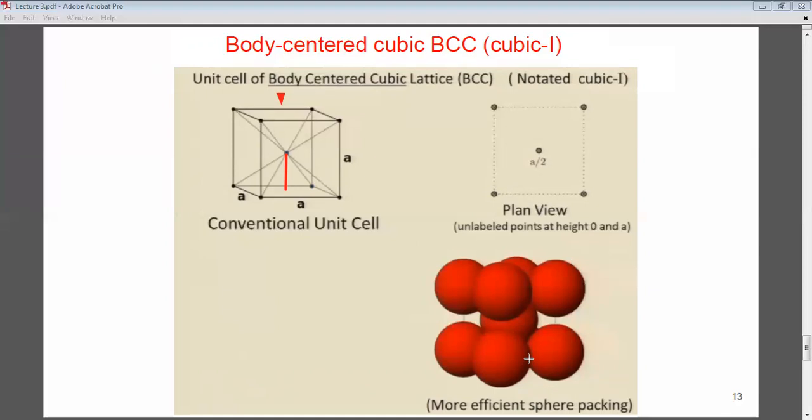It's clear that it's filling up the holes. The holes are filled, which implies we have much more efficient sphere packing, and there are quite a few materials that take this BCC form: sodium, lithium, iron, potassium, and many, many more.